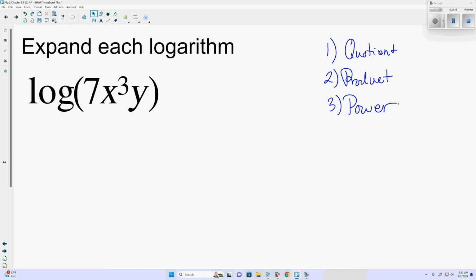So the first one we would want to use is the what? Quotient, yes? Is there anything being divided inside the log? No. So we don't have to use it, we move to product.